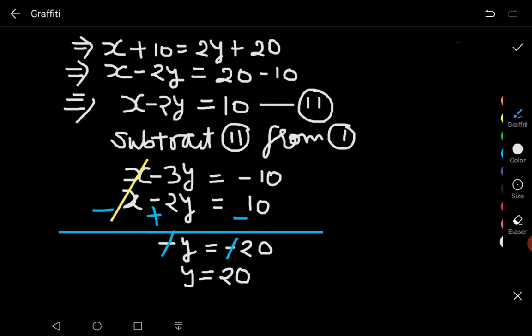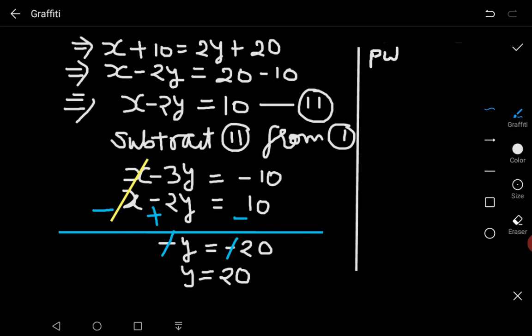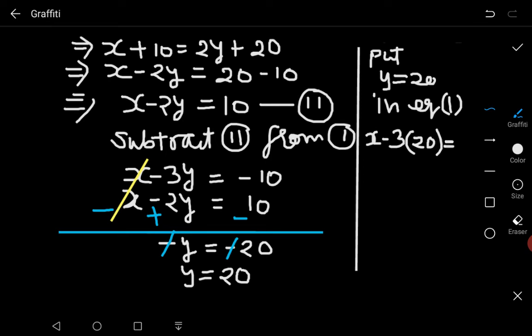Now put the value of y in the first equation. When we put the value of y in the first equation we get, put y equal to 20 in equation 1. So equation 1 is x minus 3y, in place of y we put 20, is equal to minus 10. Right.